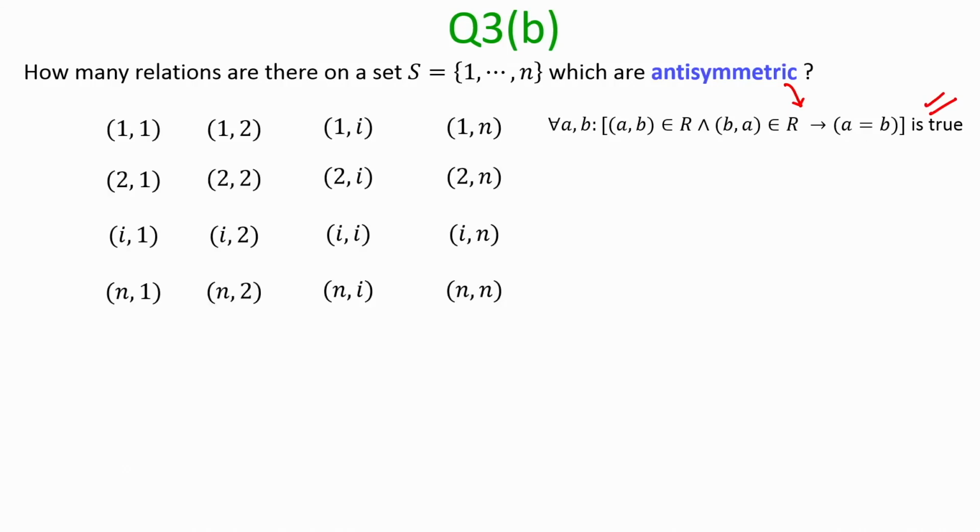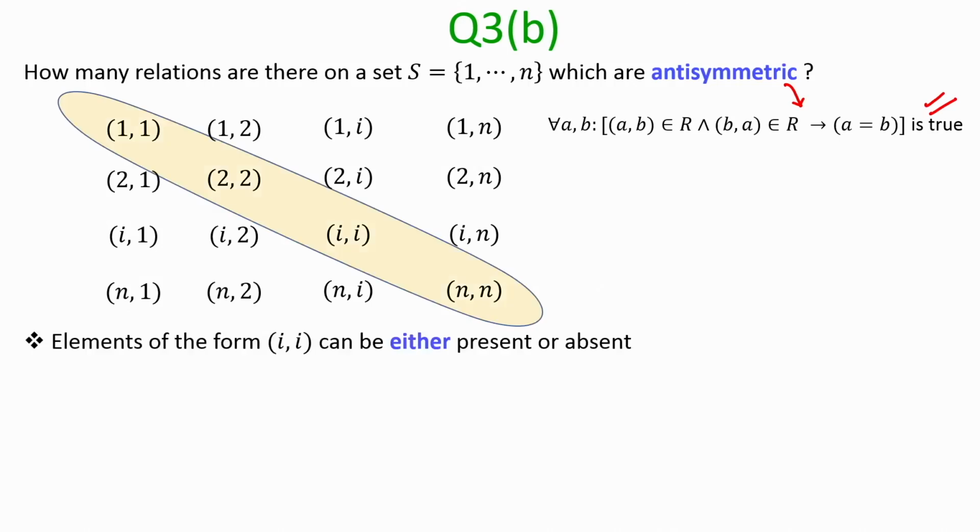So, now to count the number of antisymmetric relations, I do a similar thing here. I have drawn all the n square possible ordered pairs. Now, when you are trying to form an antisymmetric relation, the first thing to observe is that the ordered pairs along the diagonal can be either present or absent in your antisymmetric relation, right.